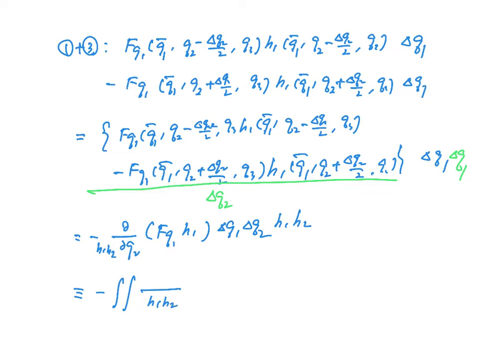H1 H2 partial Q2 partial FQ1 H1 DQ1 DQ2 H1 H2. This is actually delta S, ds, right?